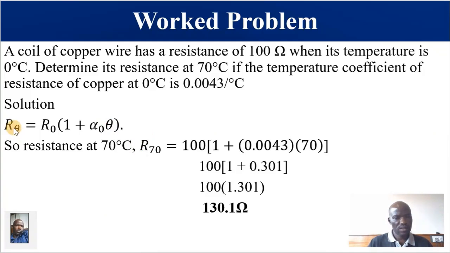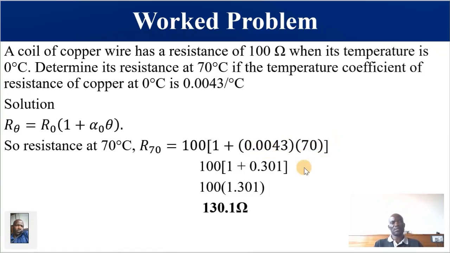Theta is our new temperature, and this is 70 degrees Celsius. So R at 70 degrees Celsius is equal to the resistance at 0 degrees Celsius, 100, in brackets 1 plus the temperature coefficient of resistance 0.0043 multiplied by the rise in temperature, which is 70.